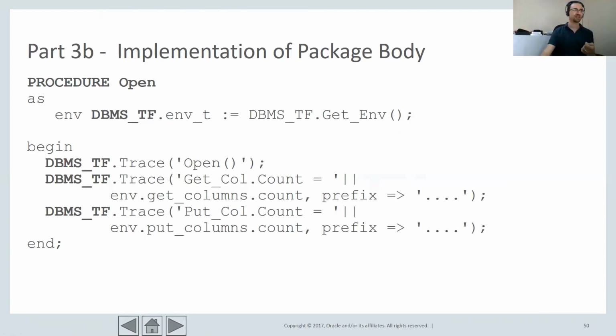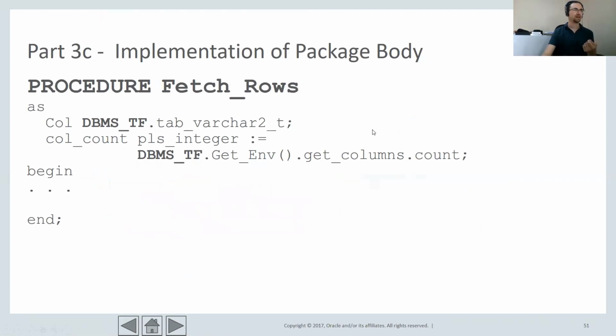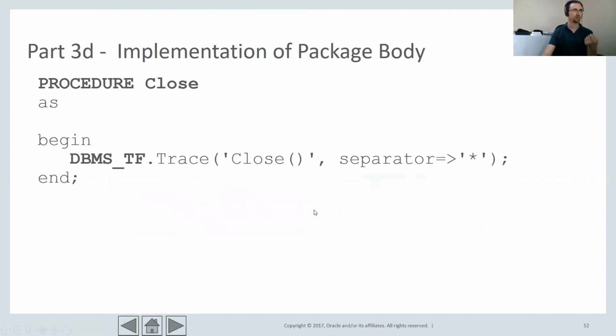So these trace functions are very useful to help you understand what it's doing and debug why it's going wrong. We're fetching the rows, getting the columns, putting those out, and we'll end the trace there.